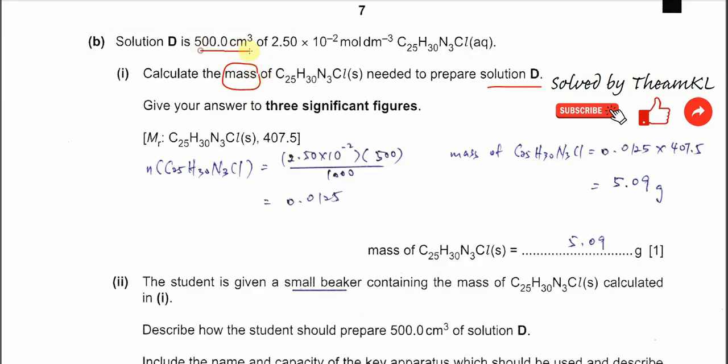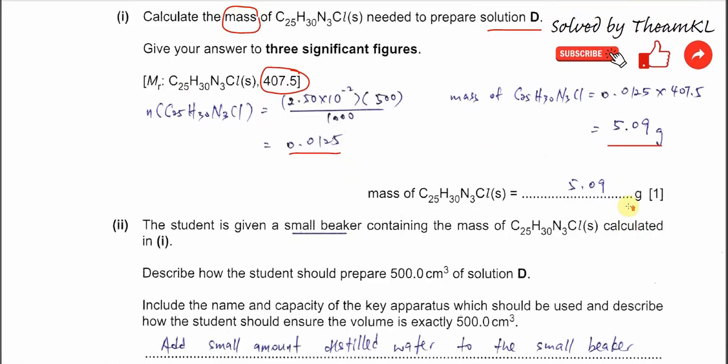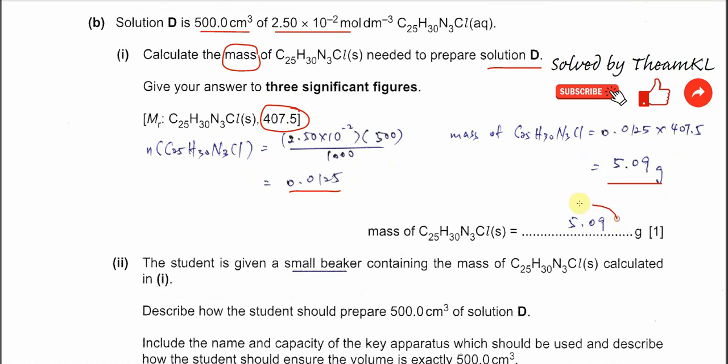Using the volume and the concentration, MV over 1000, we get 0.0125 mole. Use the molar mass given here, 407.5 times the moles, and you should get 5.09 gram. So the mass needed is 5.09 gram.